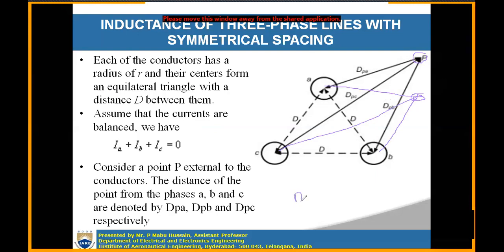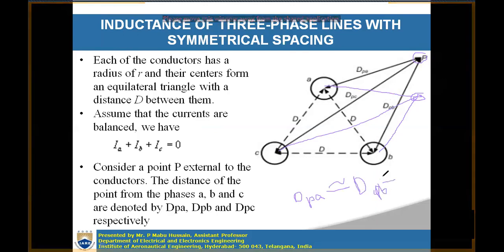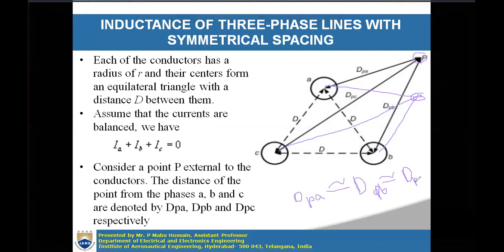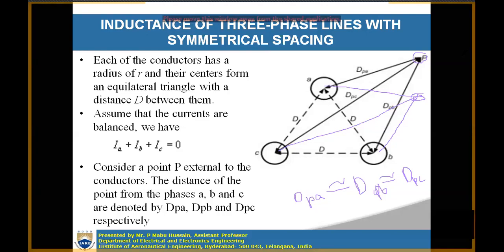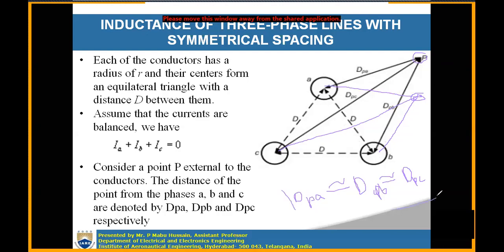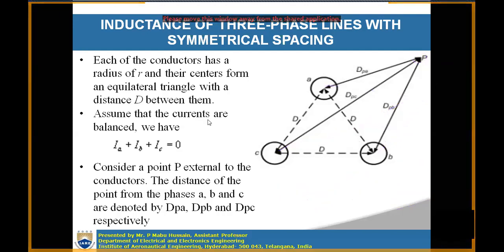That means dPA is approximately equal to dPB, which is approximately equal to dPC. So dPA is equal to dPB is equal to dPC.